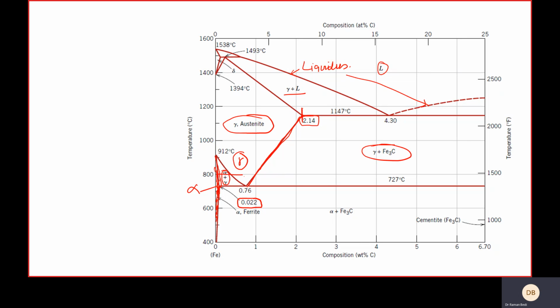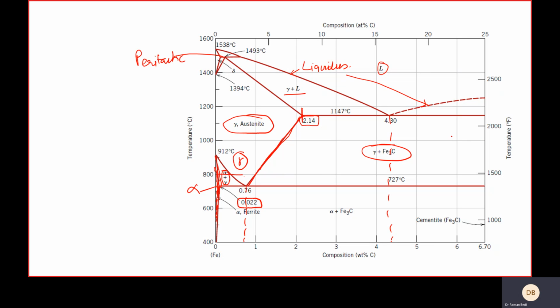So I have a particular composition at 0.76%, which is called the eutectoid composition, and I have another composition at 4.3%, which is called the eutectic composition. And I have the third reaction, which is called the peritectic reaction.